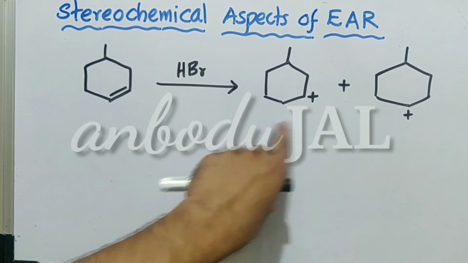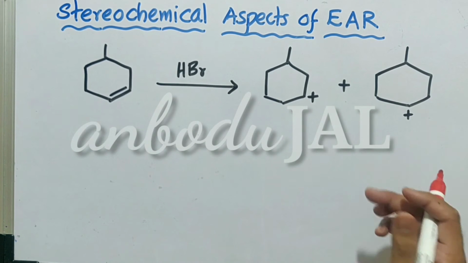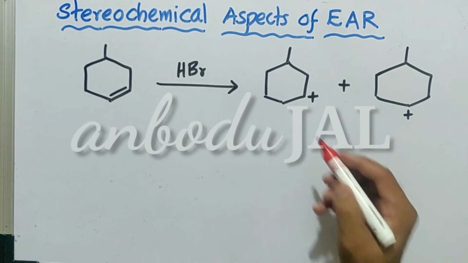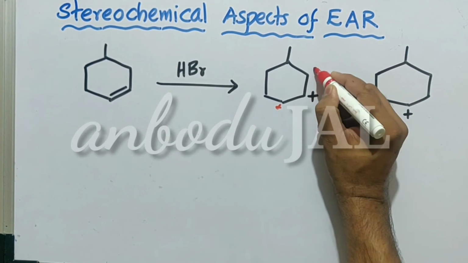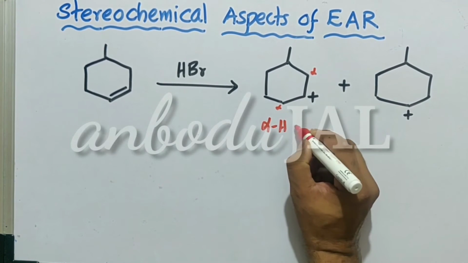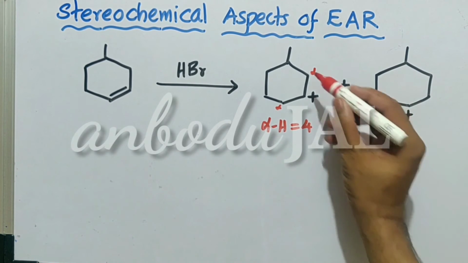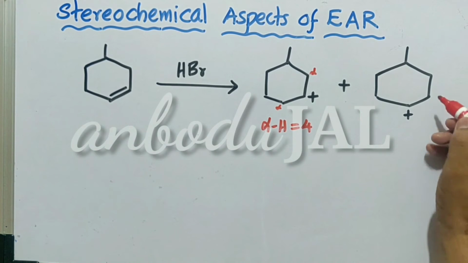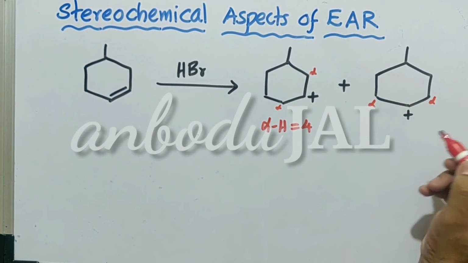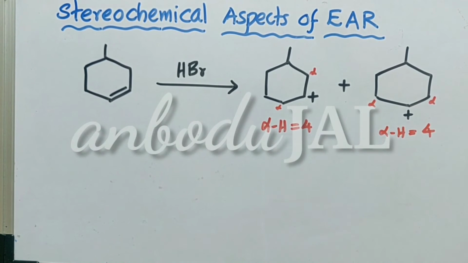In this carbocation there is no resonance. Next we have to search for hyperconjugation. This is alpha hydrogen. This is also alpha hydrogen. So here alpha hydrogen is equal to 4. Here 2 hydrogen atoms, here 2 hydrogen atoms. In this case, this is alpha hydrogen, this is alpha hydrogen. Here also alpha hydrogen is equal to 4. So hyperconjugation is not applicable in this case.